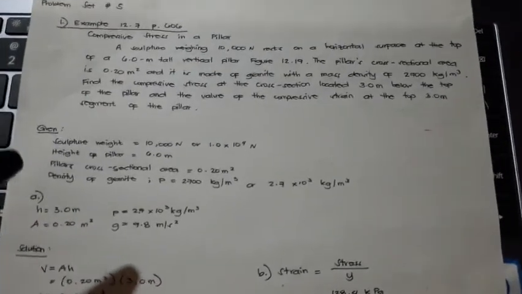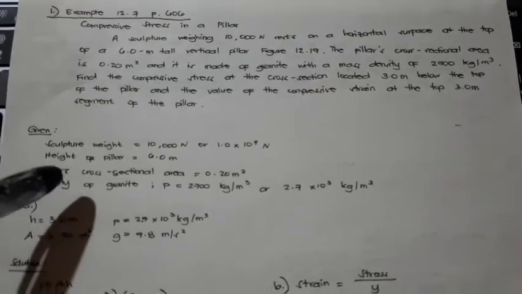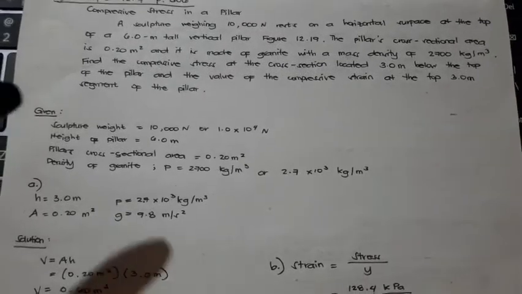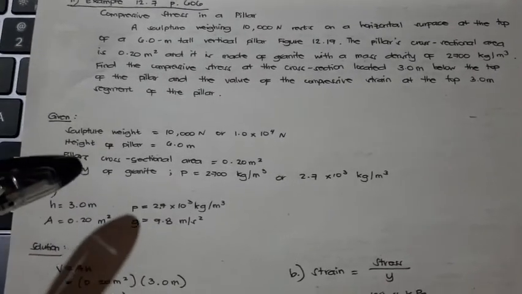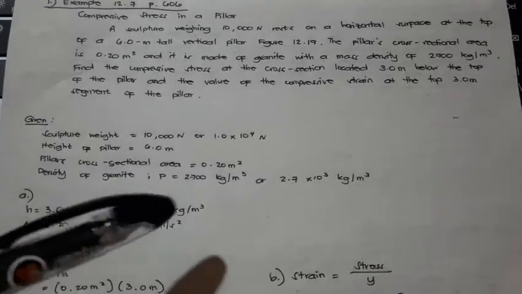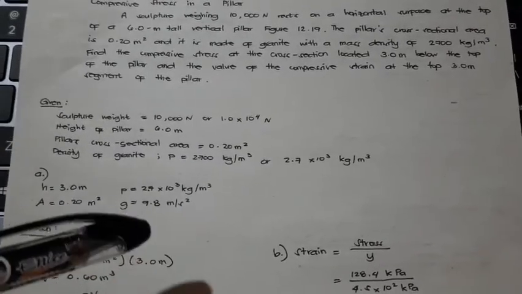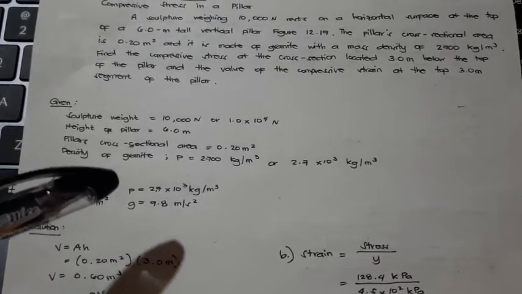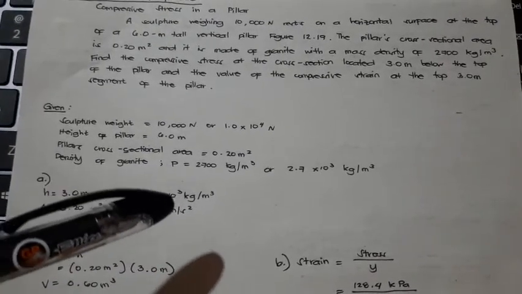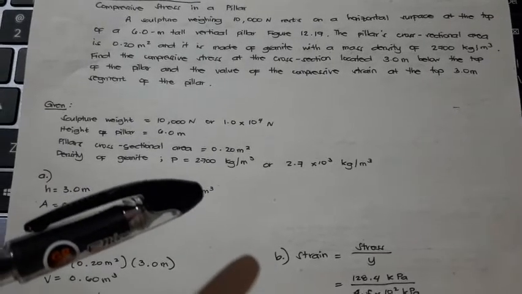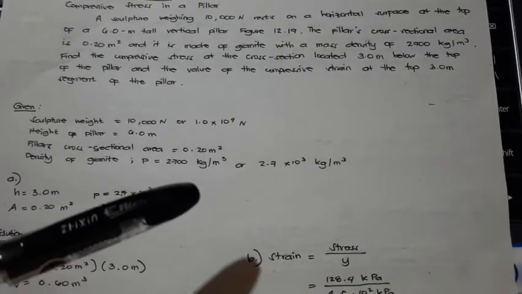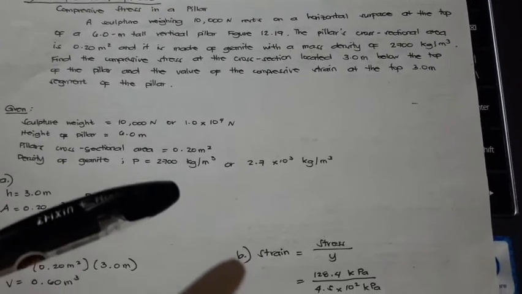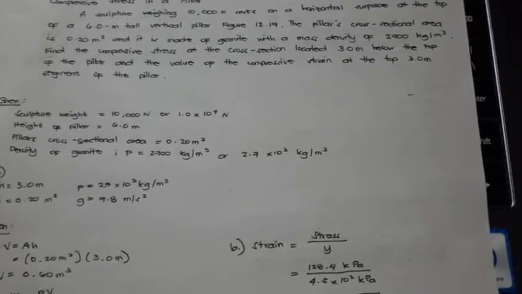So, the given. Sculpture weight is equals to 10,000 Newton or 1.0 times 10 raised to the 4th power Newton. The height of pillar is equals to 6.0 meter. Pillar's cross-sectional area is equals to 0.20 meter squared. Density of granite P is equals to 2,700 kg per meter cube or 2.7 times 10 raised to the 3rd power kilogram per meter cube.